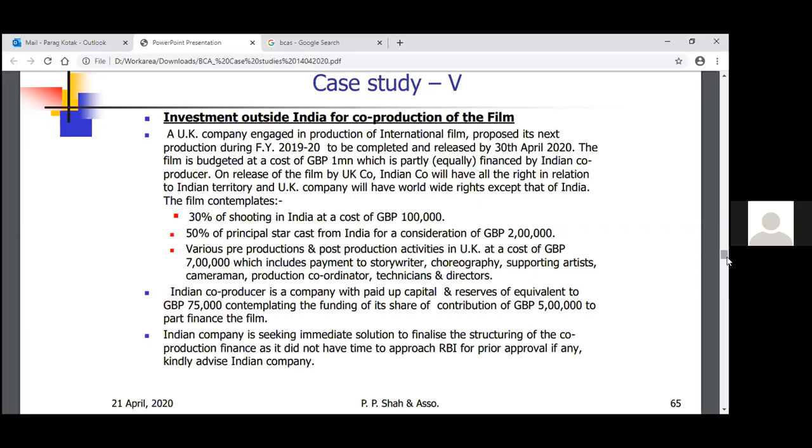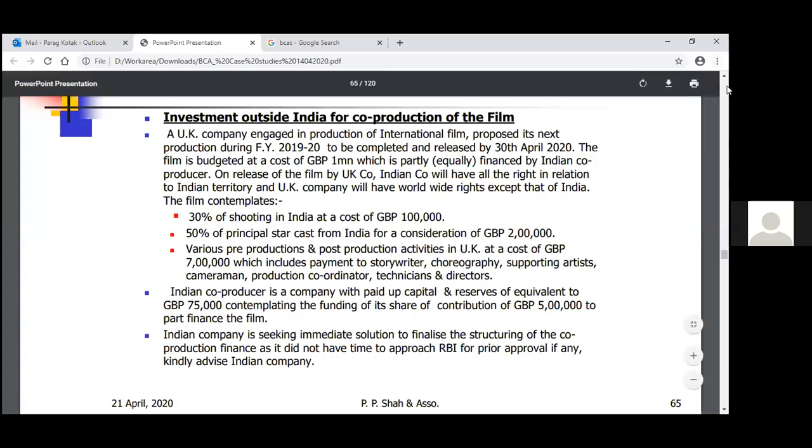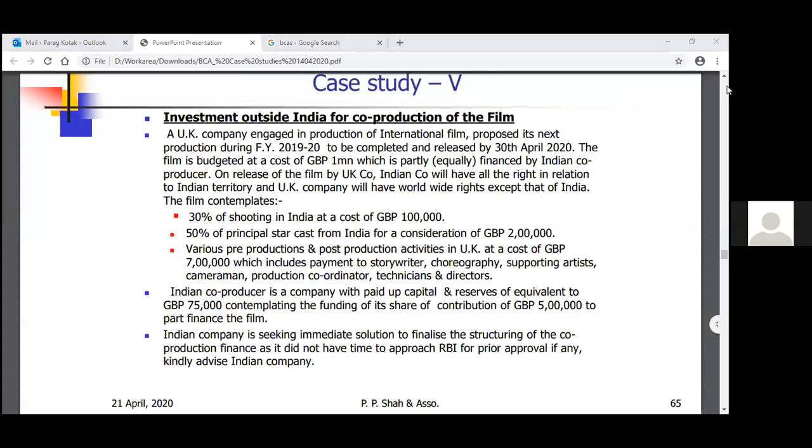Now, in this case, if I give a gift from outside India by making a remittance to the Indian bank account of a resident Indian, there is no difficulty. It is a current account transaction. However, if I give the same gift from an NRO account or an NRI account in India, it will take the character of a capital account transaction, to my mind. However, the same is permitted under notification 5R of the FEMA.